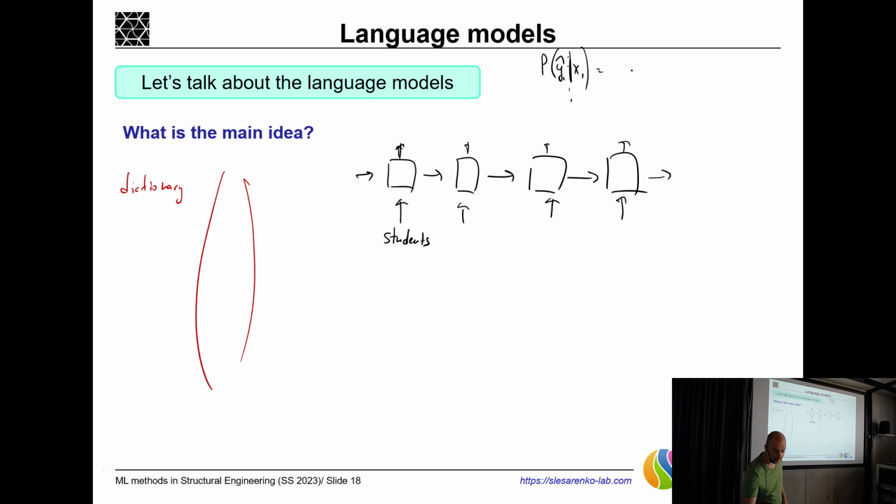So, if you say that the probability of seeing the word, I don't know, cat afterwards is quite low, because students cat will not make a sentence. But let's say the probability of the word of is much higher, because usually you have the sentence students of something or from whatever.